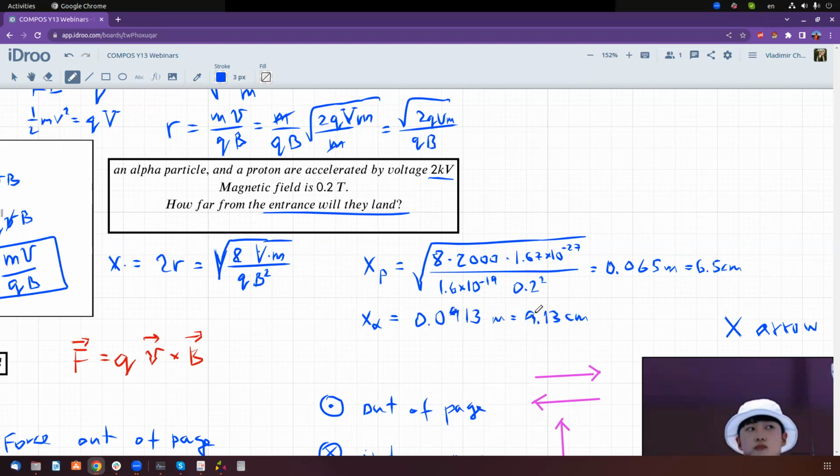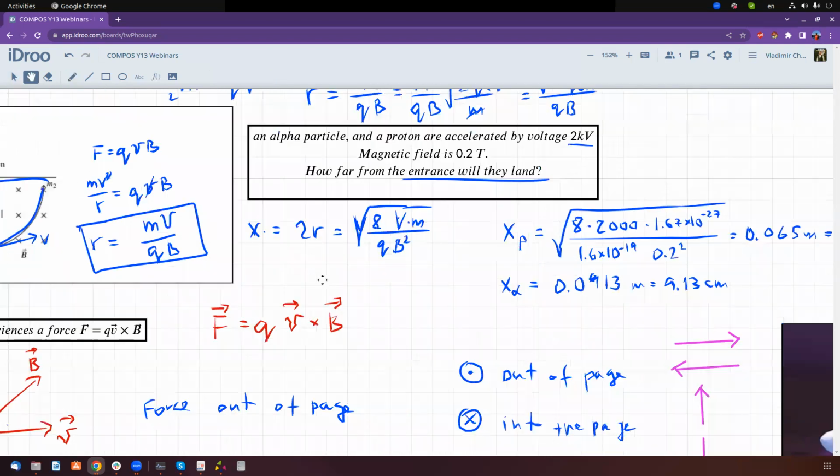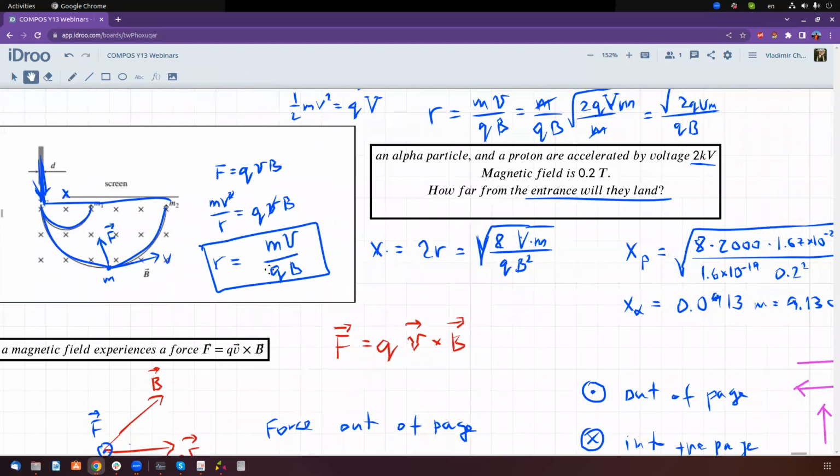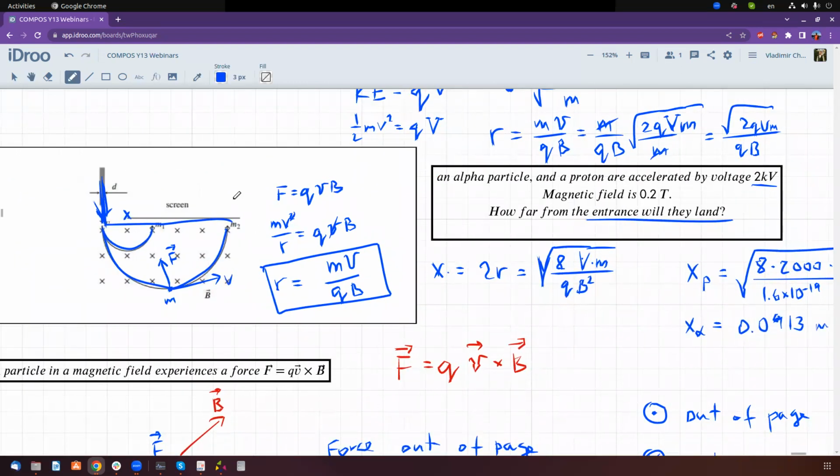So I suspect it's square root of 2 times bigger. Yeah, it's square root of 2 times bigger. So that is the alpha particle. This is the path of the alpha particle, and this is the path of the proton.